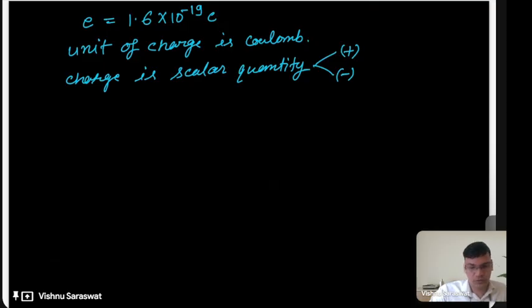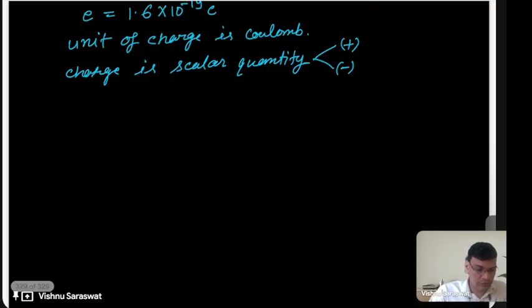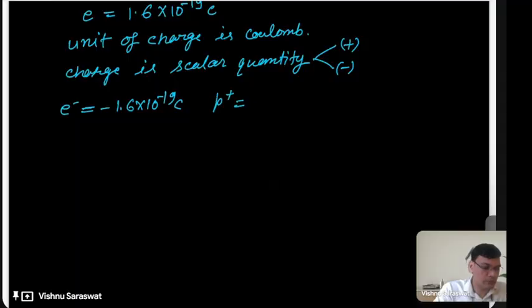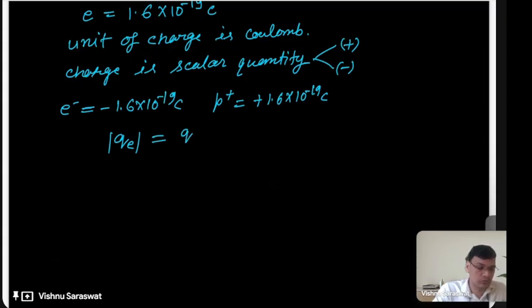So the magnitude of electron or negative charge is 1.6 into 10 raised to power minus 19 coulomb, and proton has the magnitude plus 1.6 into 10 raised to power minus 19 coulomb. So the charge on electron and charge on proton, in magnitude, both are equal.